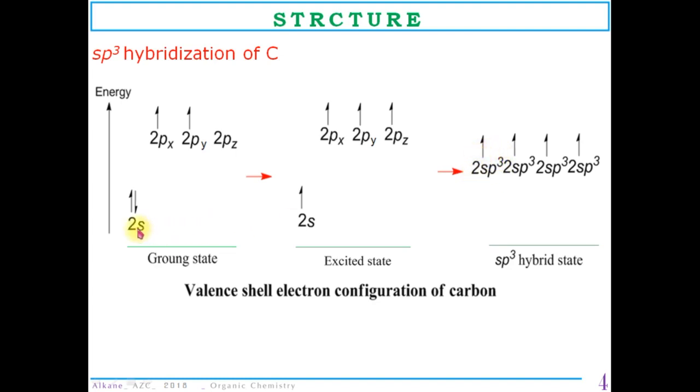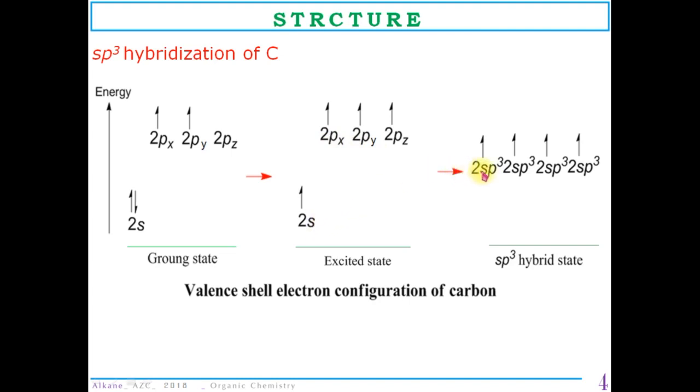If you see, the 2s orbital is shown below and the p orbitals are shown above, because these are orbitals of a higher level and the 2s orbital is of a lower level. And the sp3 hybridized orbitals are shown between the 2p orbitals and the 2s orbital, because these orbitals have the mixed energy of p and s orbitals.